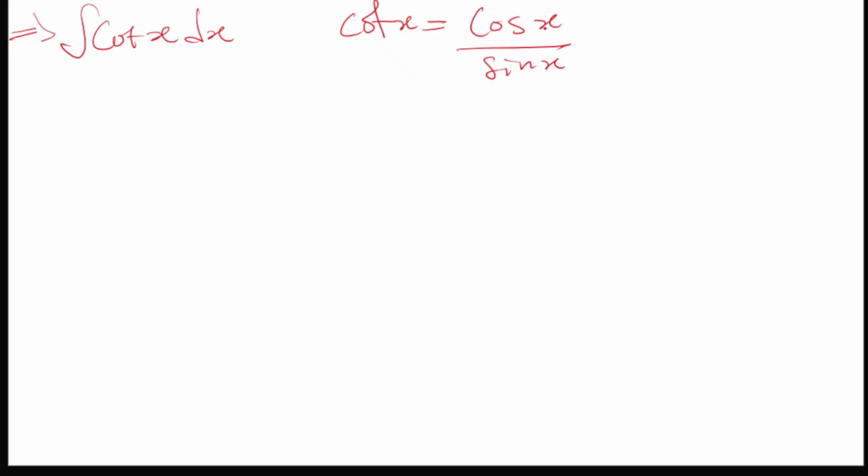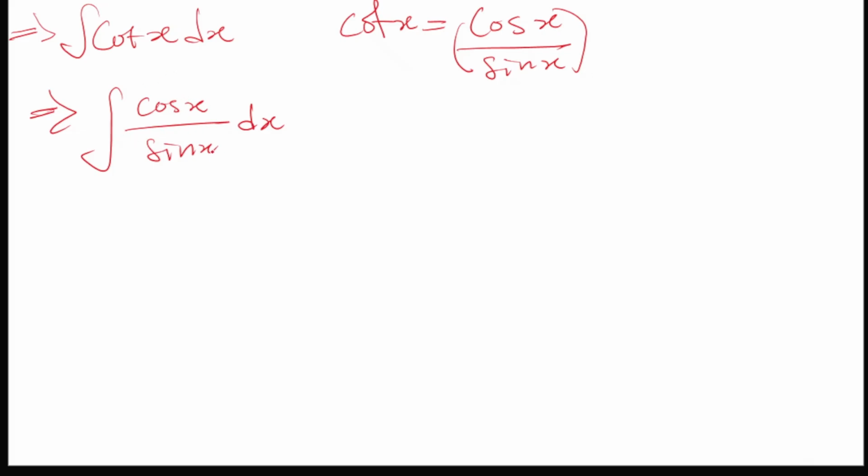Now, if we have cot x to be equal to cos x divided by sin x in trigonometry, we can simply represent cot x with what we have here, such that we'll simply have integral of cos x divided by sin x dx. Now, what's the next thing you do?